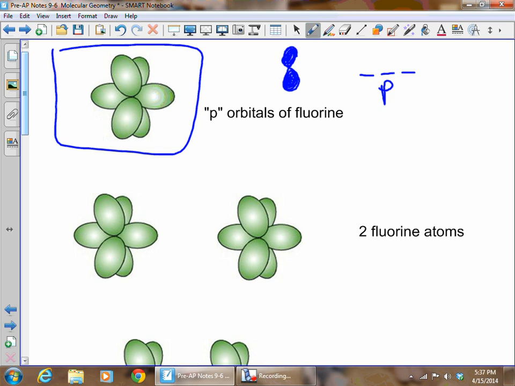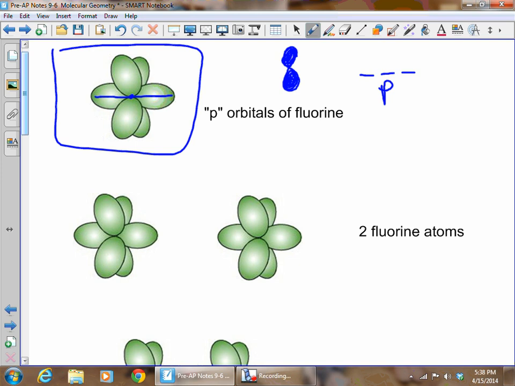So this example just shows what would happen if I took 3 different P orbitals and oriented them around a central point. If we had the nucleus here, then we would have 1 p orbital on the x-axis.